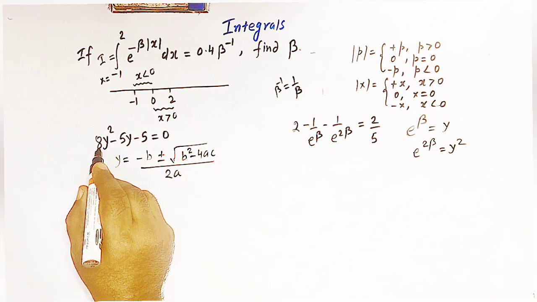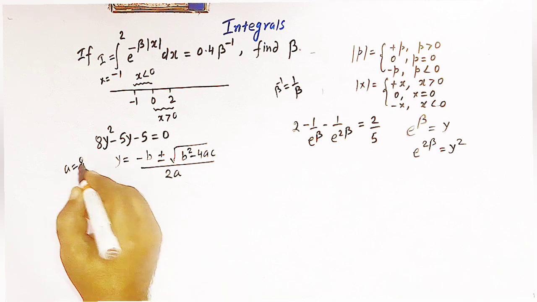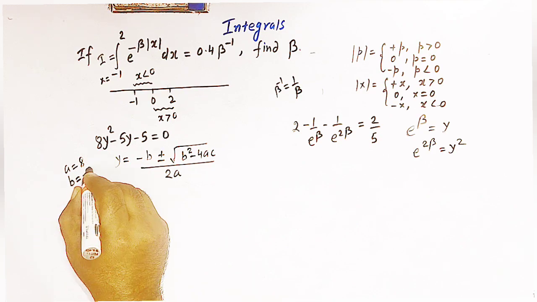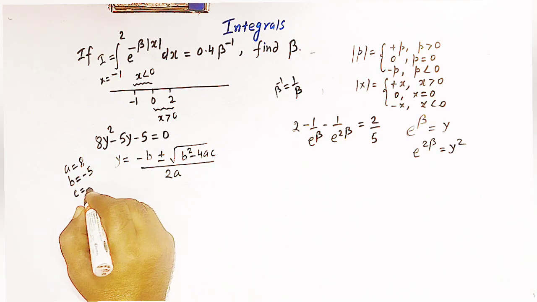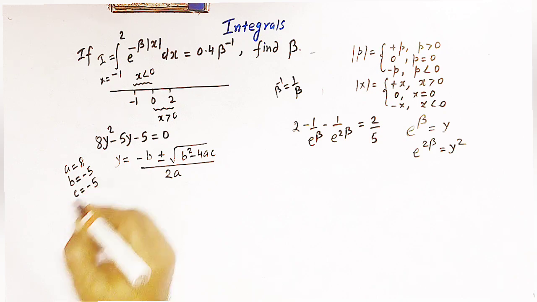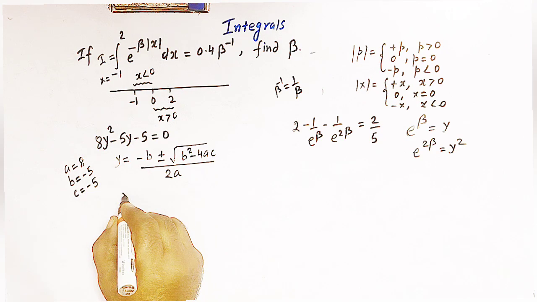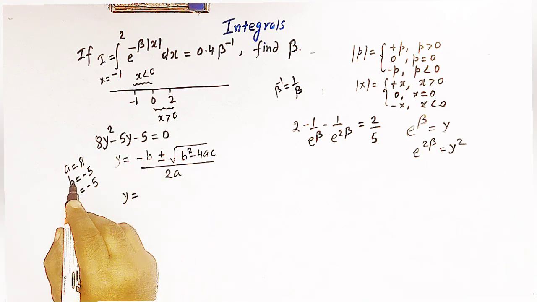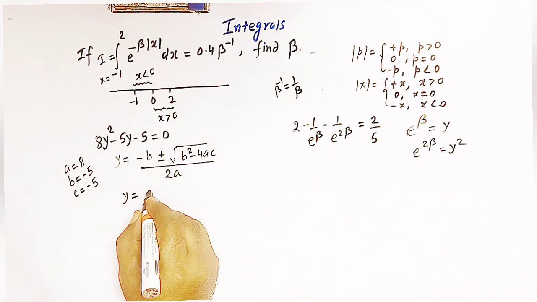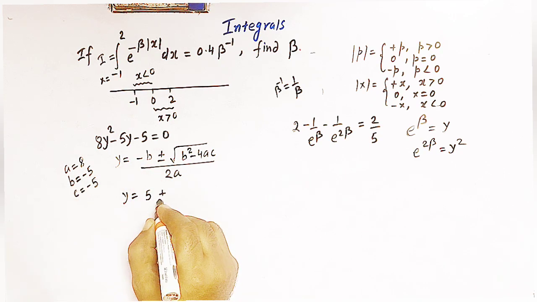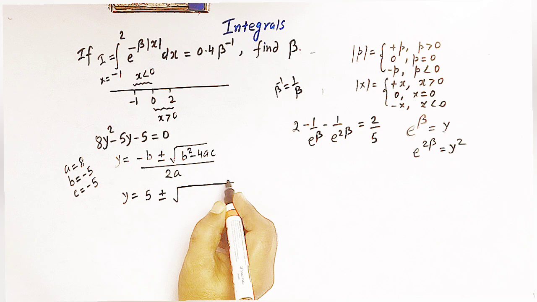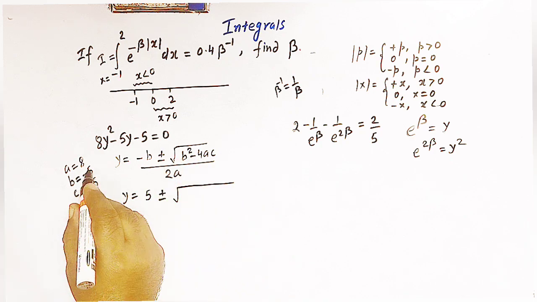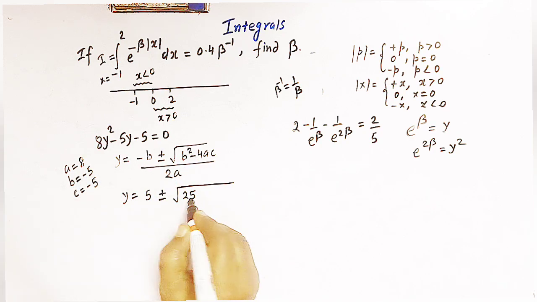And the value of a is 8, the value of b is minus 5, and the value of c is also minus 5, right? So we have here b is equal to minus 5, so this becomes positive 5, and then the discriminant is b square, 5 square is 25.